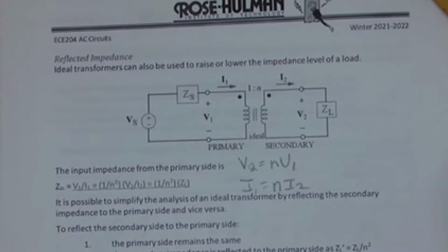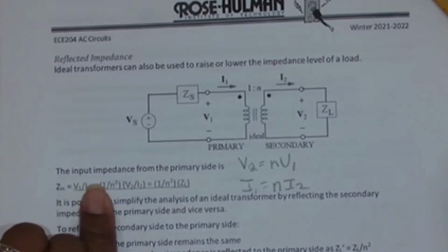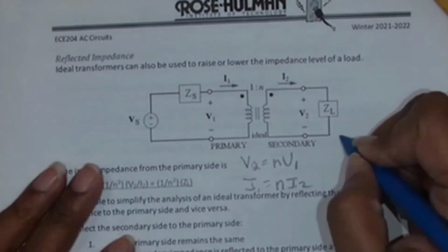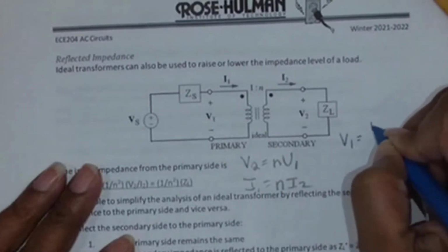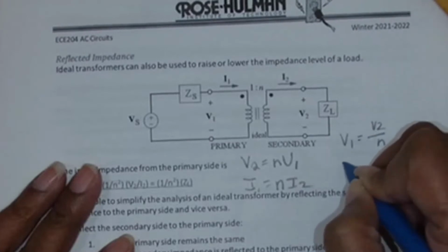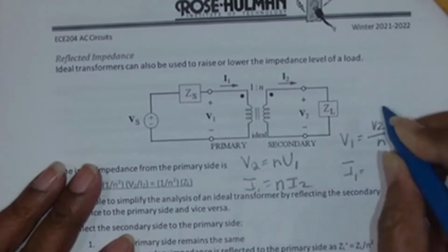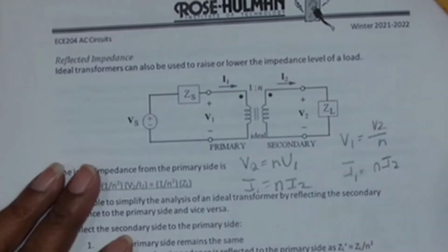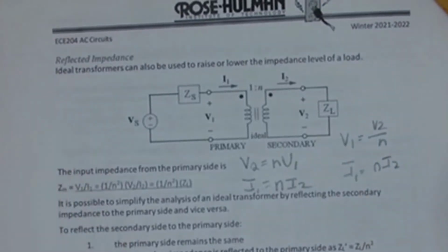So if I have V1 over I1, I stick this in my formula, and you get V2 over I2 over n squared, right?